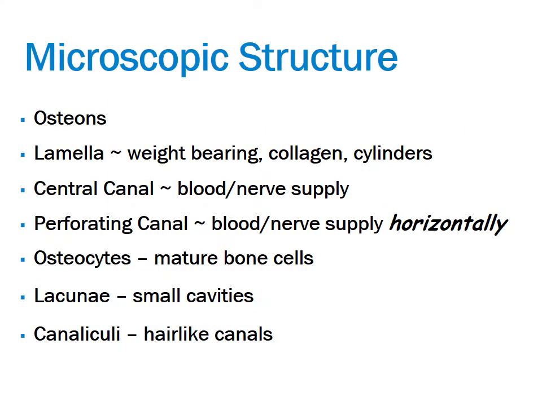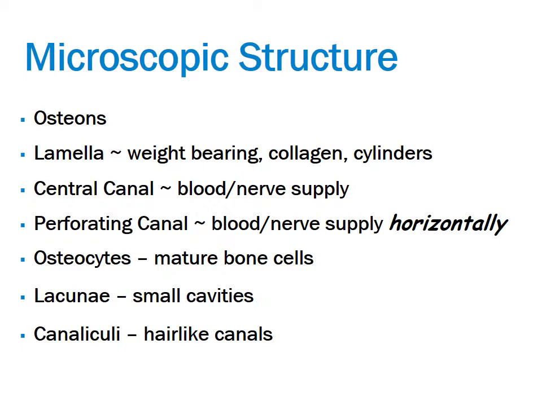The microscopic structure of this tissue contains these structures. Osteons, the functional and structural unit of compact bone. Lamellae, weight-bearing layers; they contain collagen, and they're cylinders. Central canal, blood supply and nerves; these are vertical.